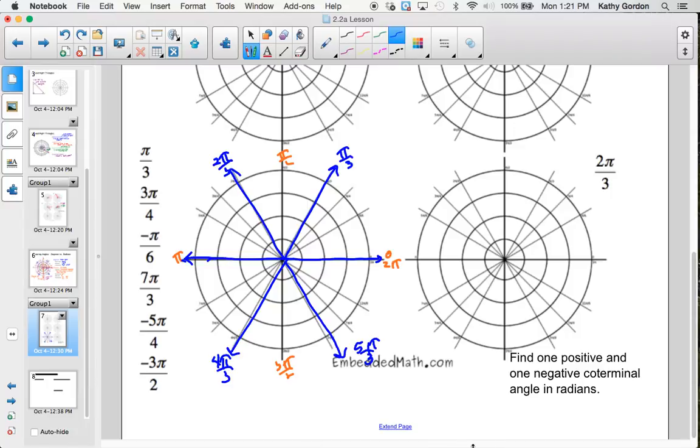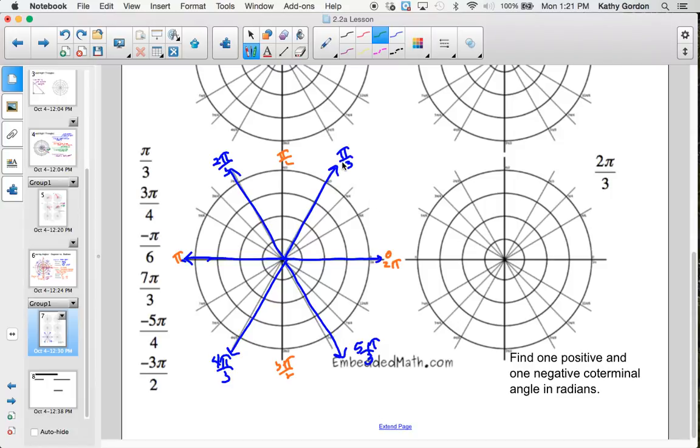So how would you say this line is related to the blue lines? Like, what does it look like this line is compared to that one and that one? It's half. About halfway, right?